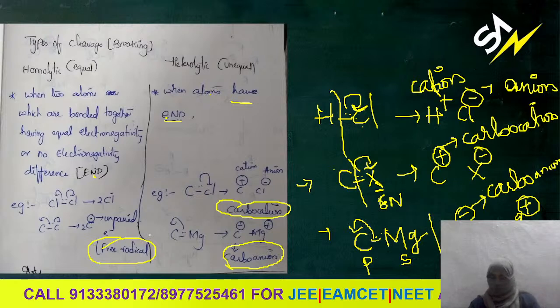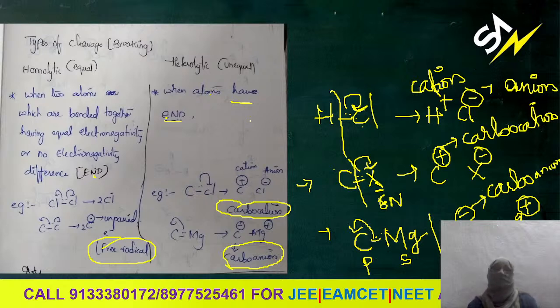So simply, bond cleavage can be of any type depending upon which atom carbon is attached to. If carbon is attached to an atom with no electronegativity difference between the two atoms, the bond will be cleaved homolytically and you will get free radicals.